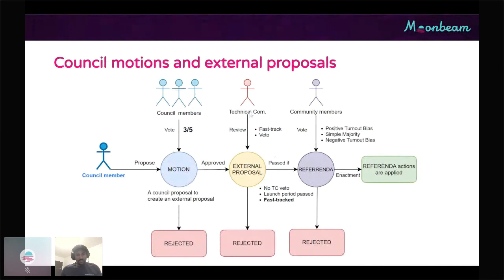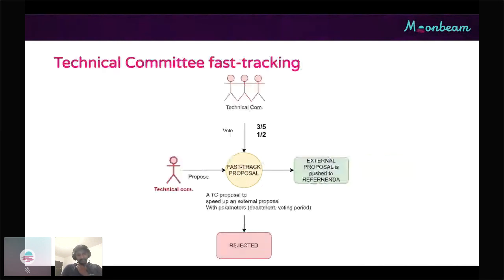So the technical committee can propose a proposal to fast track an external proposal. So this is what this technical committee member is doing. He spotted an external proposal in the queue, and he's asking the whole technical committee to fast track this proposal. And fast tracking means that it will be able to override the enactment period and the voting period of this specific proposal to make it go quicker.